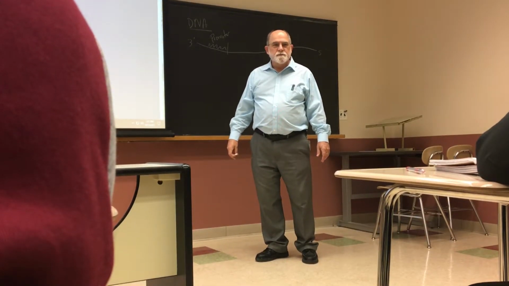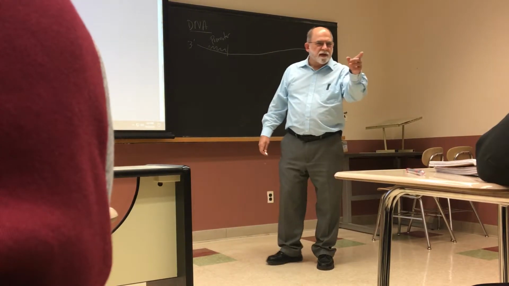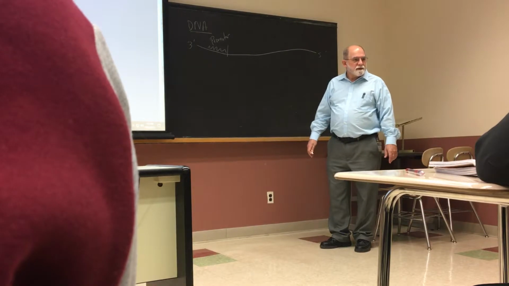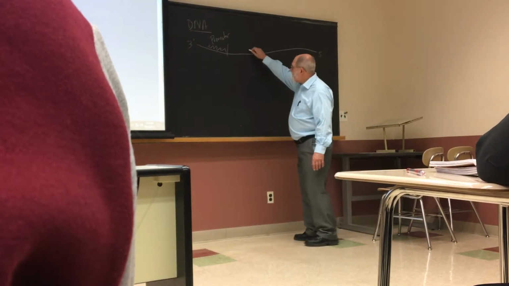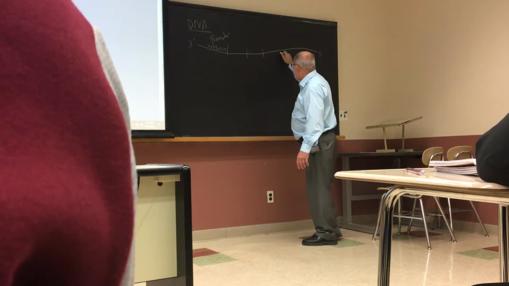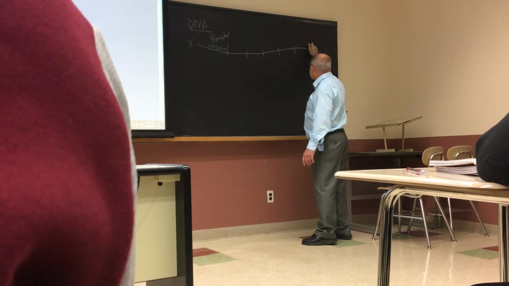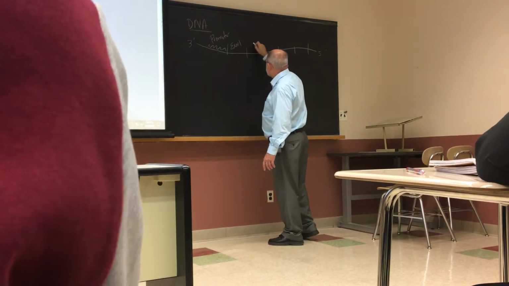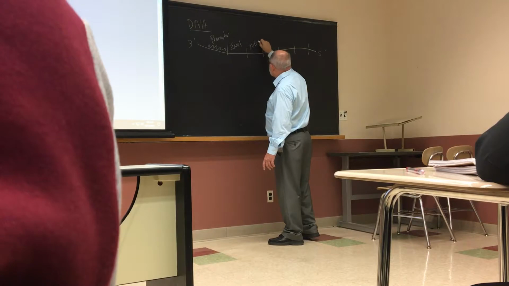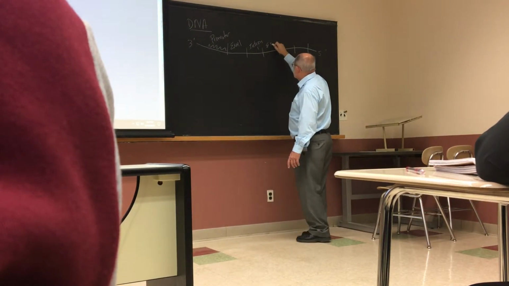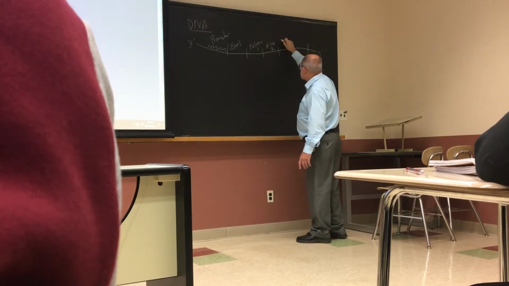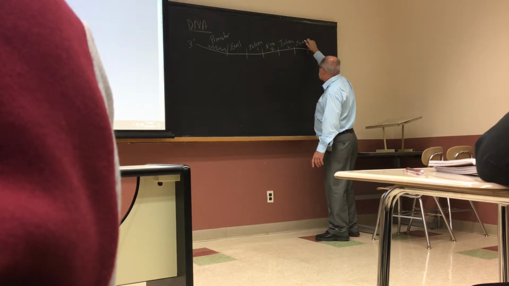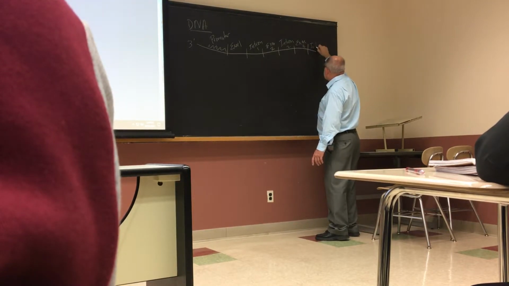Exons, introns. Okay, somebody said exon. Exons and introns. How are they organized? Exons and then big spaces of introns, exons. Okay, so you've got segments of the DNA, some of which are exons, intron, exon, intron, exon, intron.